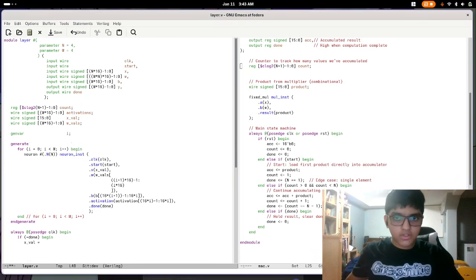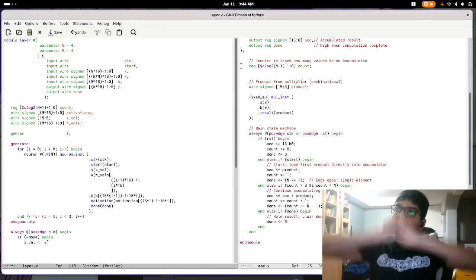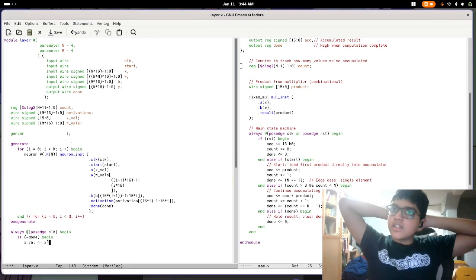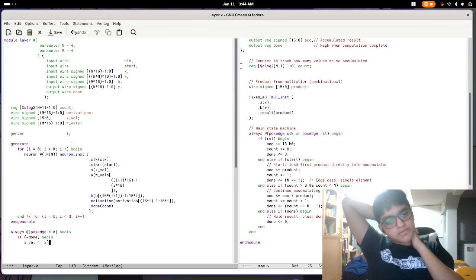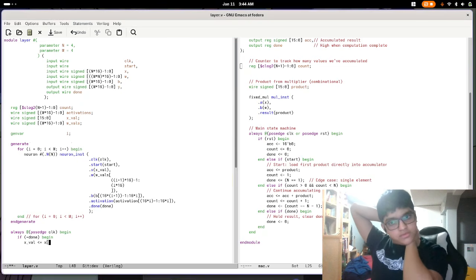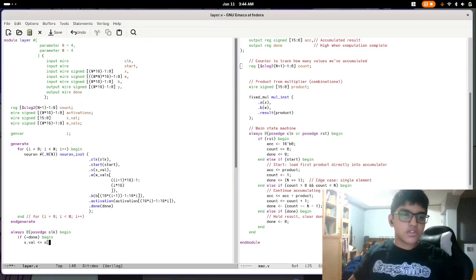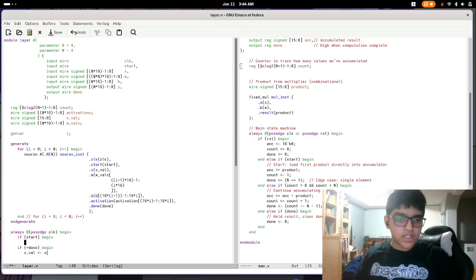Then the X value is equal to X, and then we want to slice this. Oh, I should probably add if start again. So count equals 1.